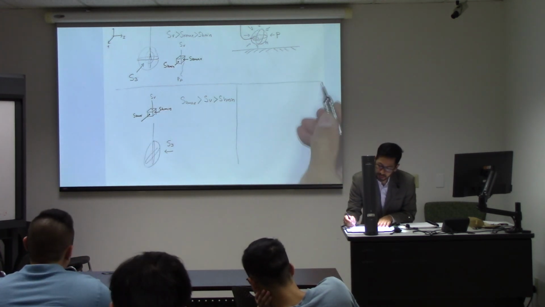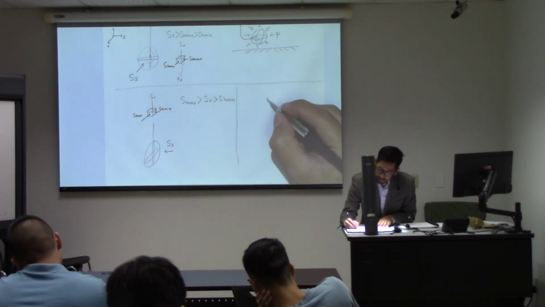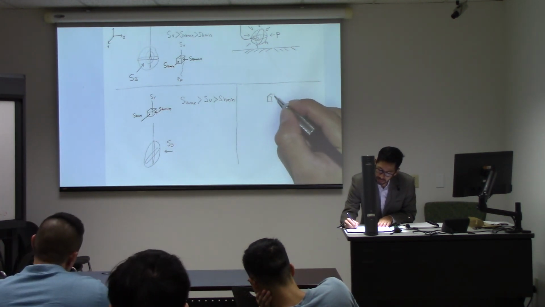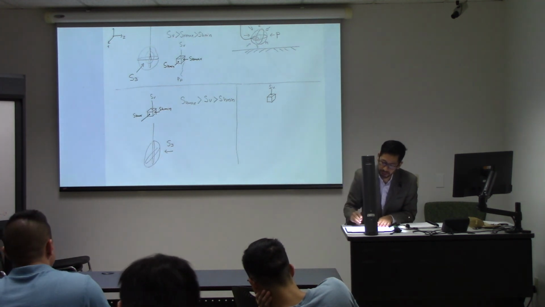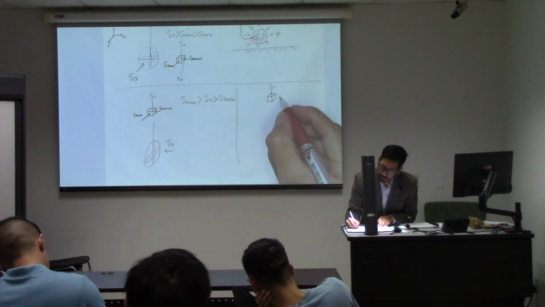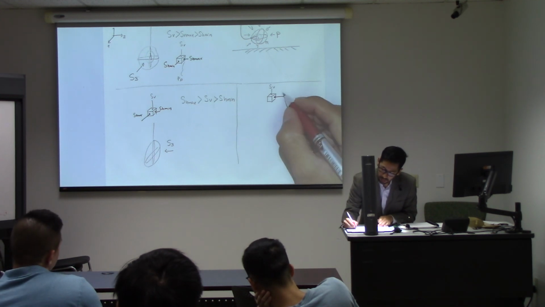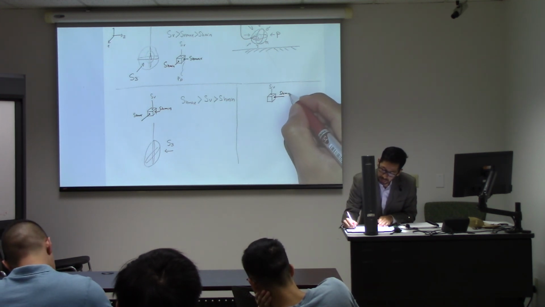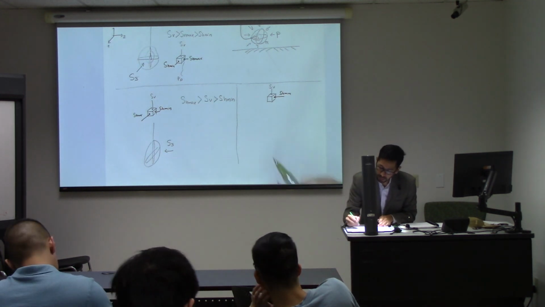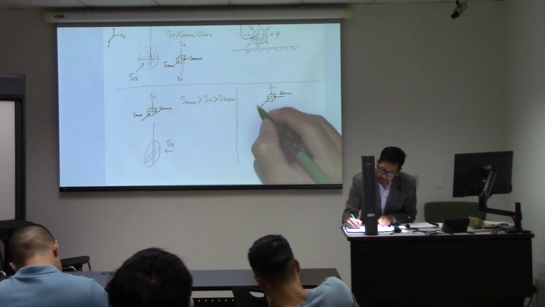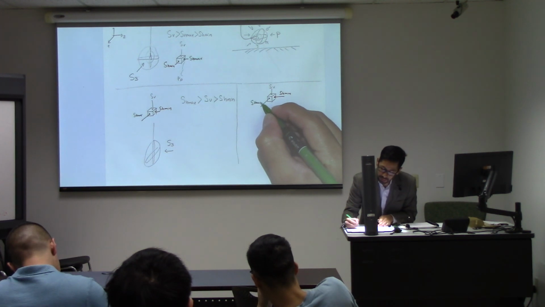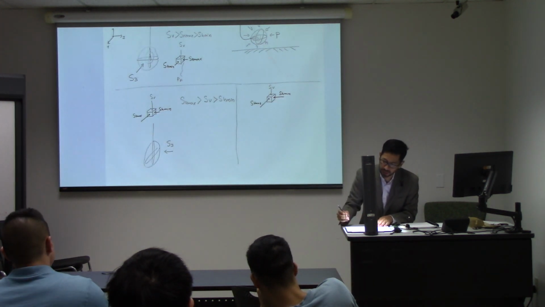And what about if now I told you that SV is the minimum principal stress, SH min is the intermediate stress, and SH max is the maximum principal stress.